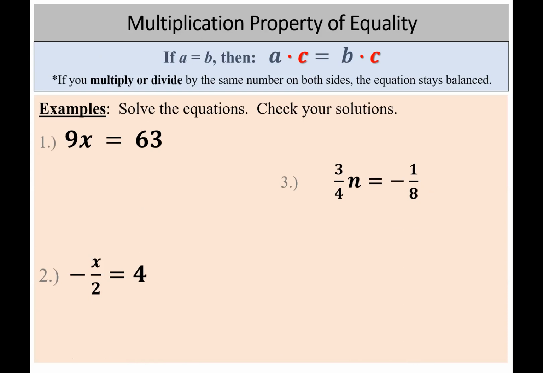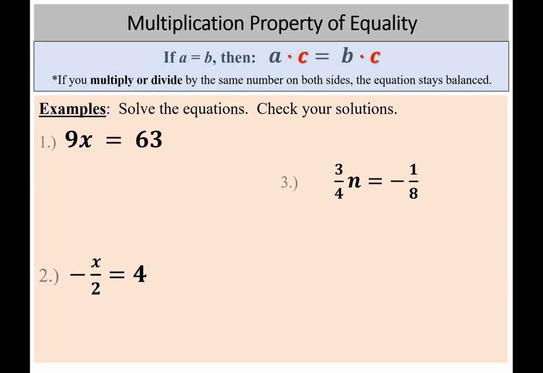So here's what this one says. If A equals B, then A times C equals B times C. Keep in mind that C could be a fraction. So A times 1/2 equals B times 1/2. Well, multiplying by 1/2 is really the same thing as dividing by 2, right? So A divided by 2 equals B divided by 2.